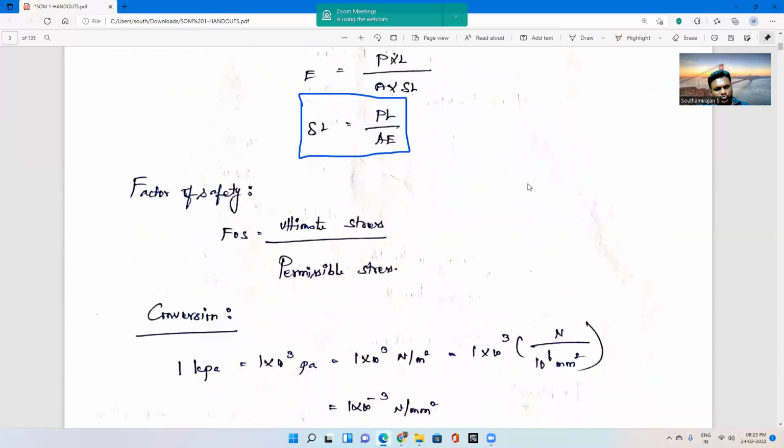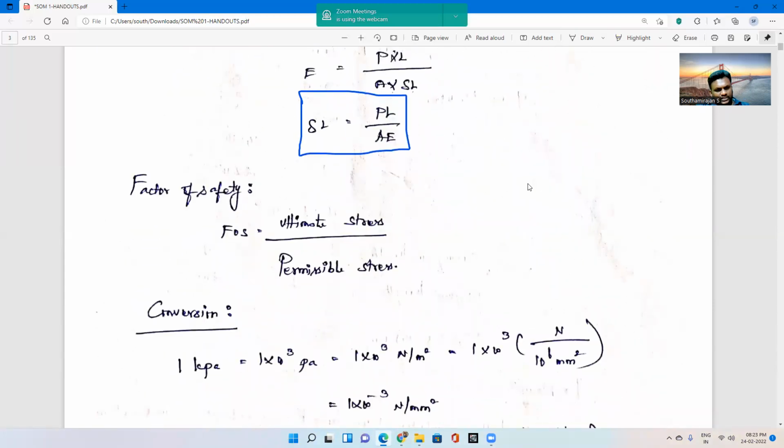Next we will move on to another topic, factor of safety. Factor of safety is an acceptable value used to increase the service life of the structure. As per the Indian Standards IS code recommendation, factor of safety is applied to all materials to increase their service life.